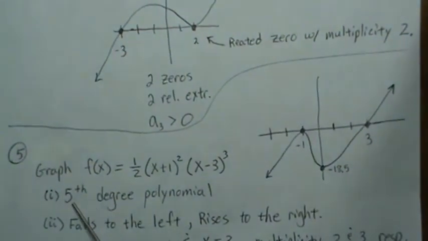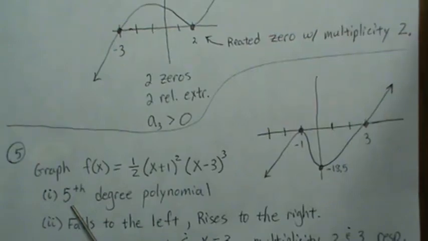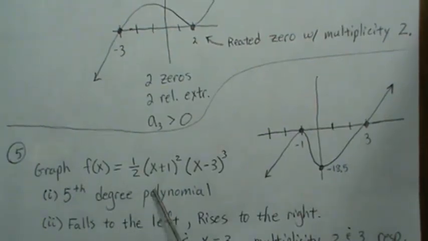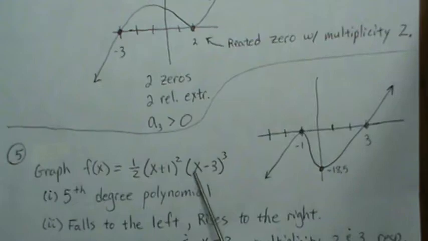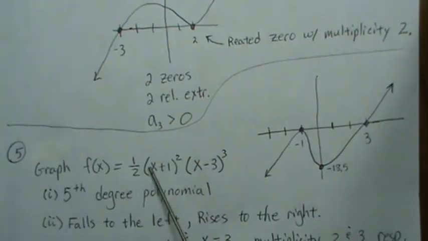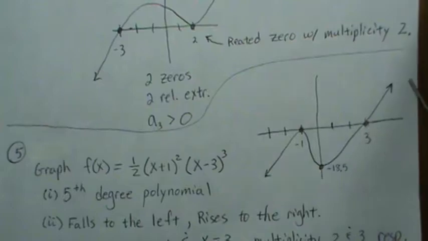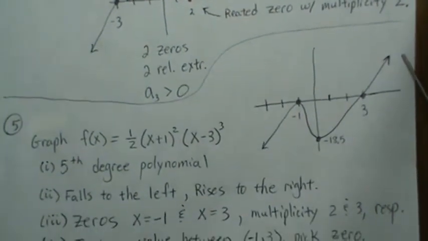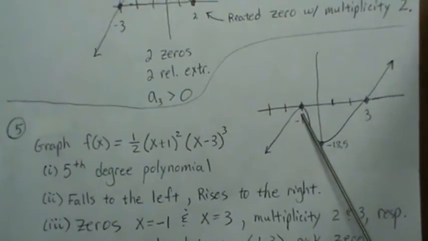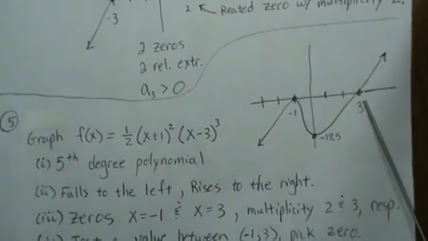Now, because it's a 5th degree polynomial, and if we were to multiply it out, these coefficients in front are positive, so whenever you multiply those, it's going to be a positive back. And that tells us that it falls to the left and rises to the right. Now notice that the zeros are at -1 and 3.